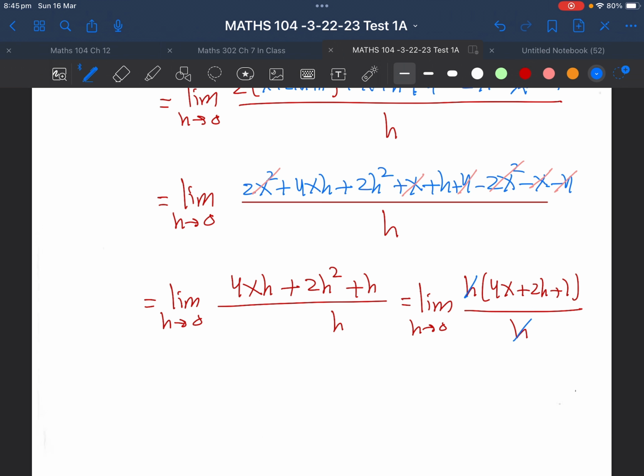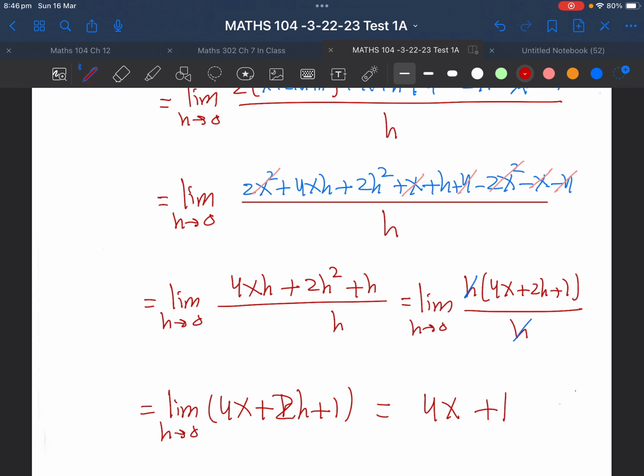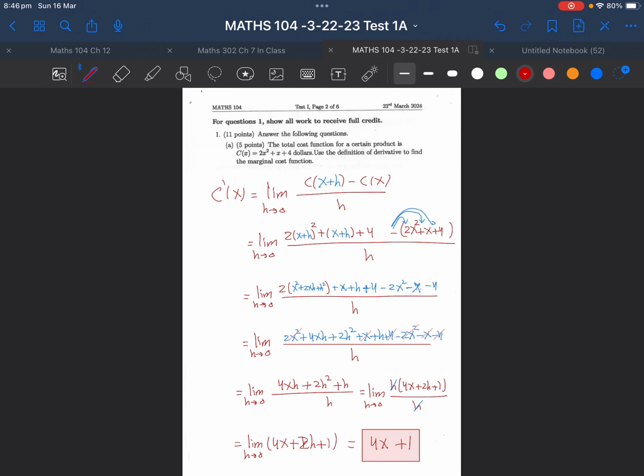Cancel h with h. What is remaining is the following: 4x plus 2h plus 1. If we substitute h equal to 0, the final answer will be 4x plus 1, and that's the final answer for the derivative by definition.